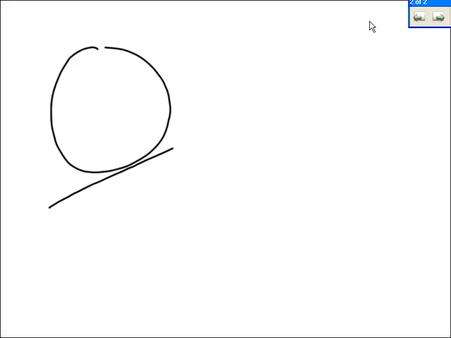Okay. Now, we have a fact about tangent lines. If you draw a line from the center of a circle to the point of tangency, you have a right angle.